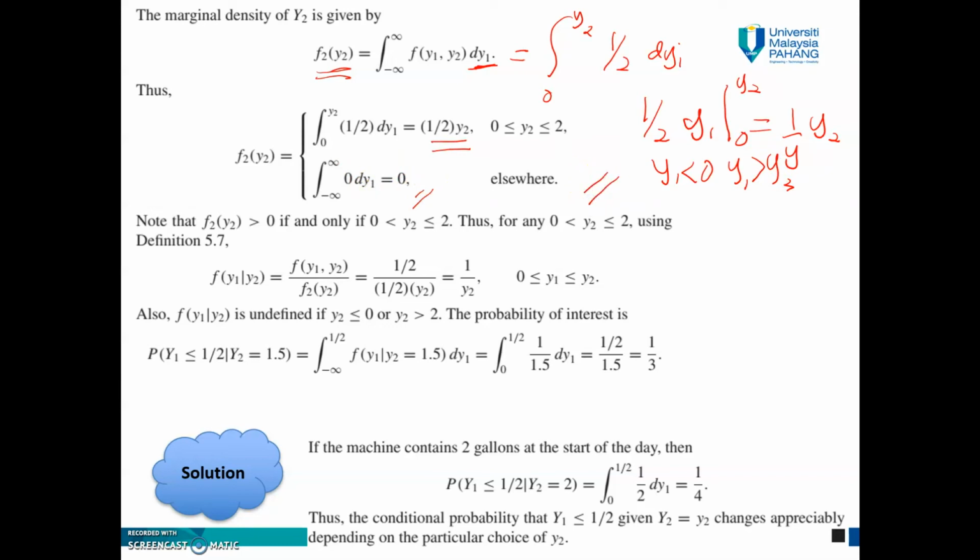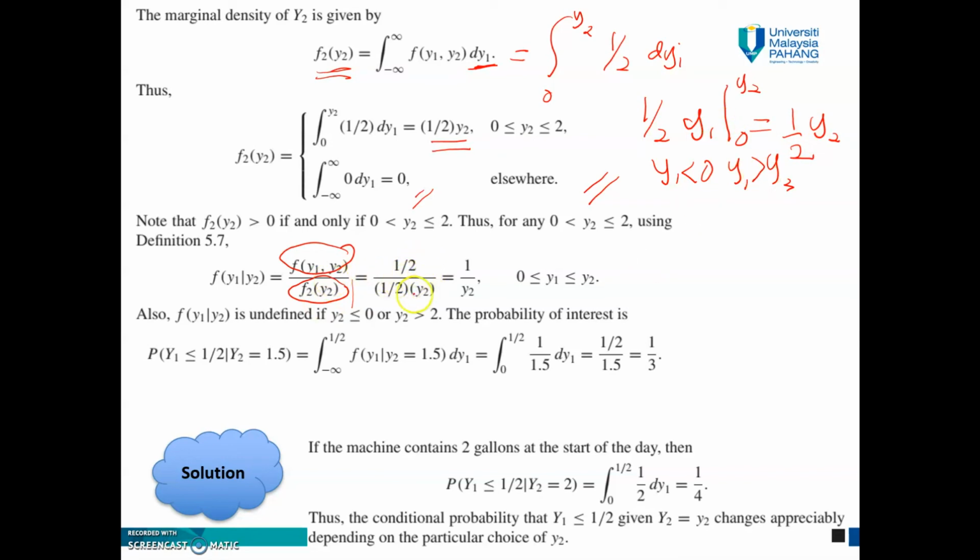Right, so now we want to find this one. This is the formula that we had previously. We know that the joint density is half, and the marginal we got from here is half y2. So you just substitute the value into this formula.